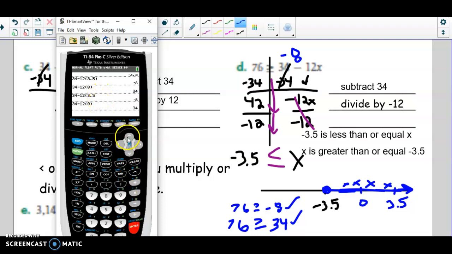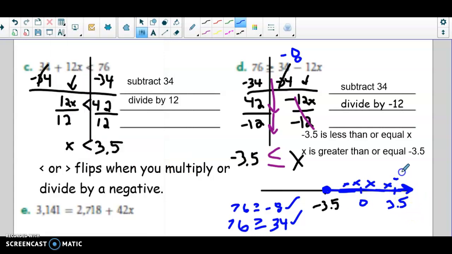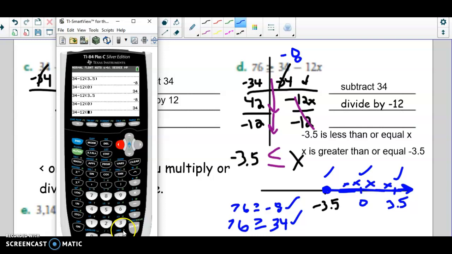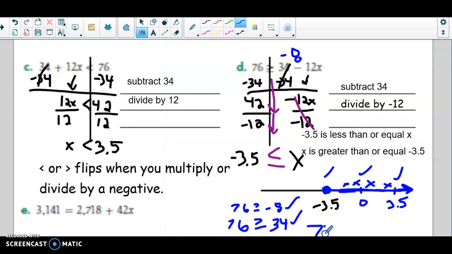We want to try negative 3.5. We tried this value, and we're going to try this value. So negative 3.5. We plug that in, and we end up with 76. Is 76 greater than or equal to 76? It is, because it's equal to 76. So that's how we can check that this is our correct solution.